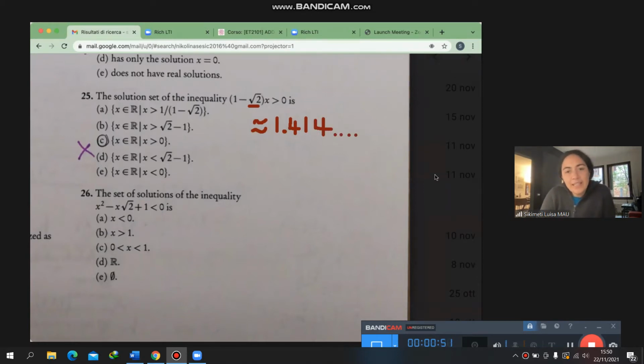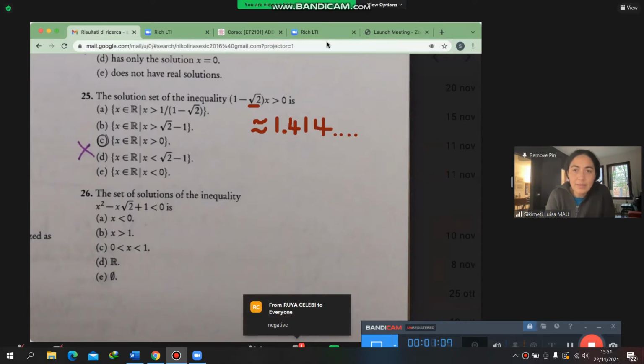So if I subtract the square root of 2 from 1, what kind of number am I going to get? A positive number or a negative number? Negative. Okay. So that means this number here is going to be negative.